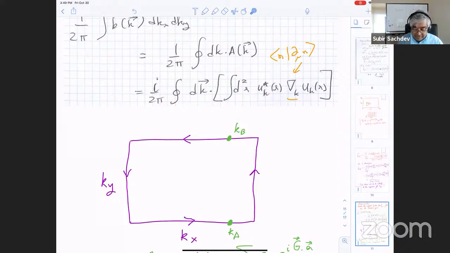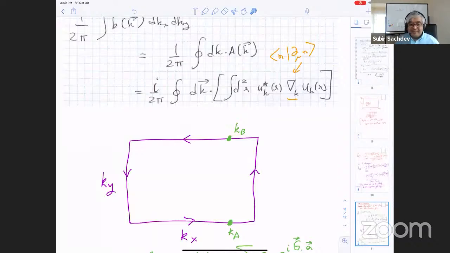So we know that this momentum, for example, Ka, is the same as the momentum Kb, because they differ by exactly 2 pi. So they will give you exactly the same periodic functions, uk of r. So you will say, well, then I have this integral on this line here and that integral on that line here. They cancel, and therefore this is 0.